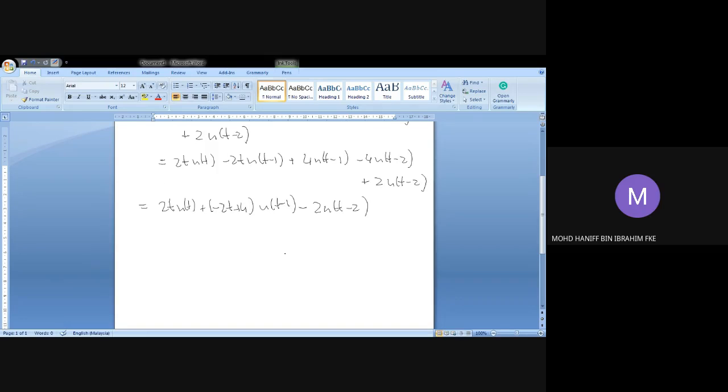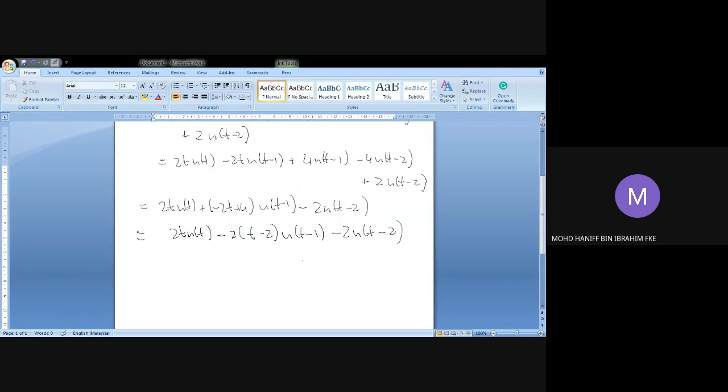So we can now write further as 2t ut. I can take out 2 from these terms here. We're going to have negative 2 of t minus 2 ut minus 1 minus 2 ut minus 2.